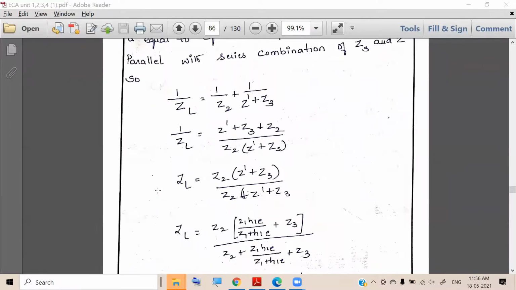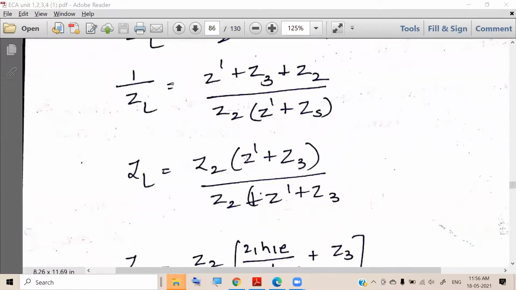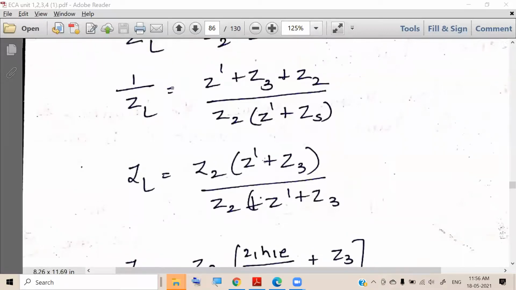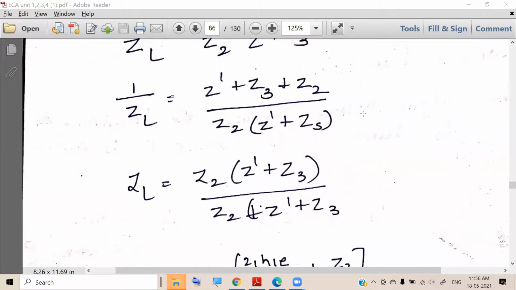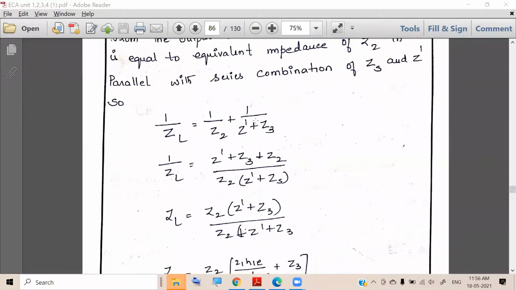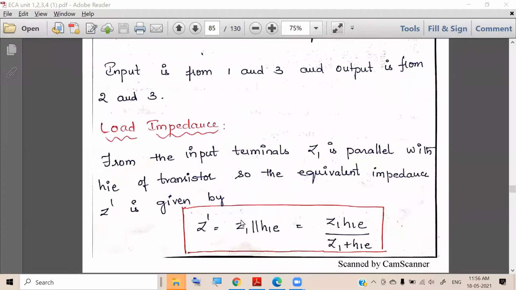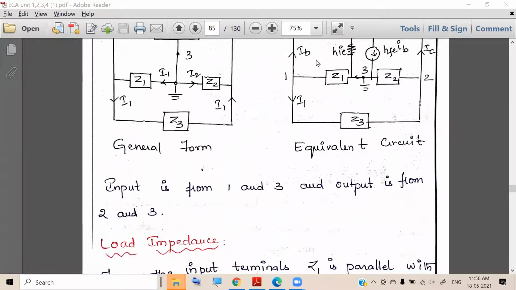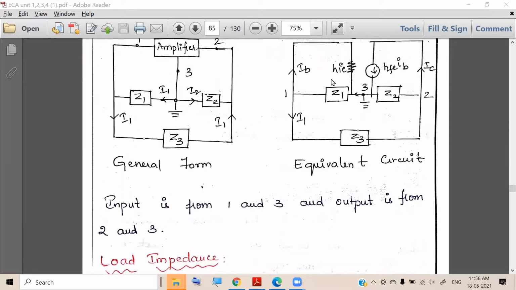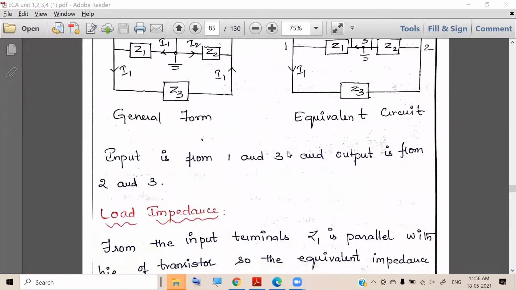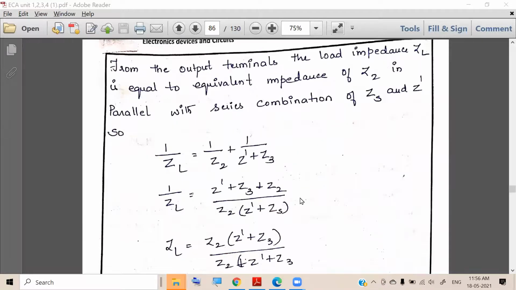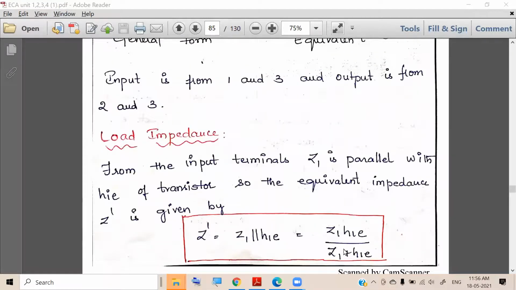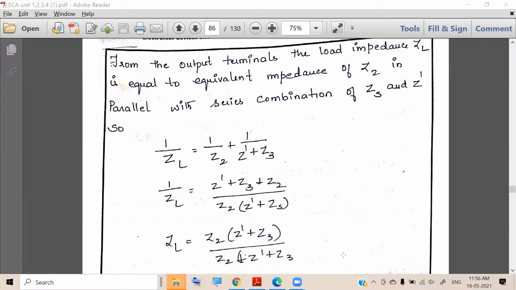Next, now let us further simplify. Z dash, what is Z dash? Z dash is nothing but the parallel combination of Z1 and HIE. So Z dash is nothing but Z1 HIE by Z1 plus HIE.